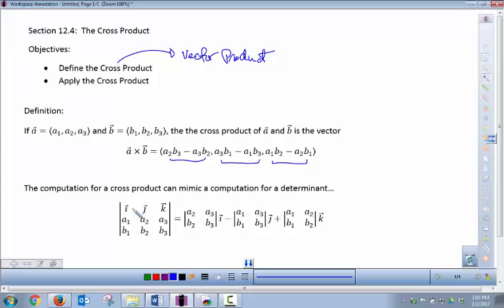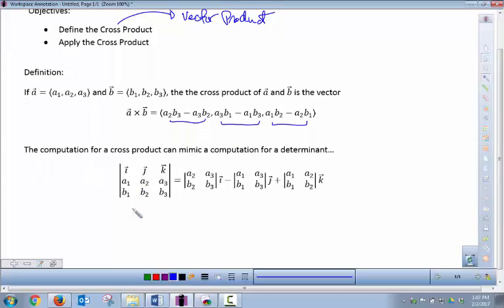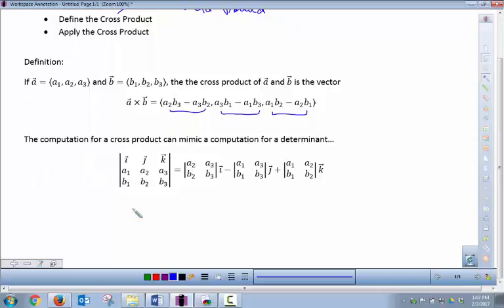And the way matrices work is that they expand. If you want to find the determinant of the matrix, they expand on a specific row or column. And we have this set up to be able to expand on the top row.